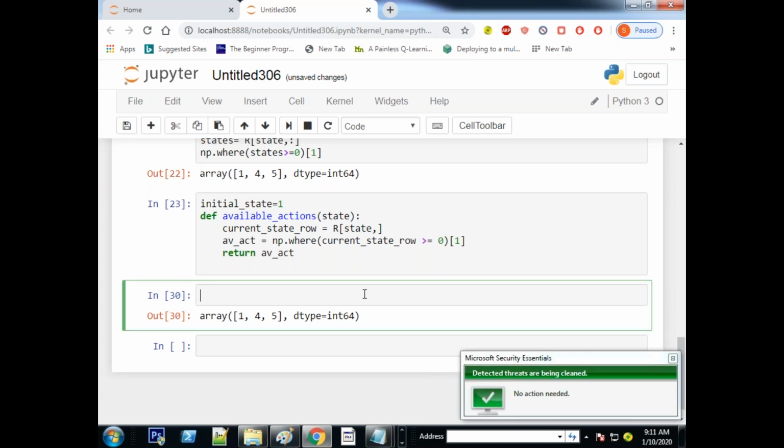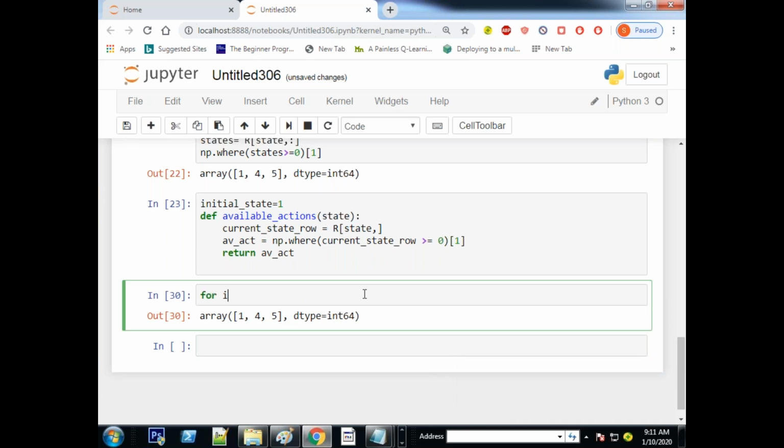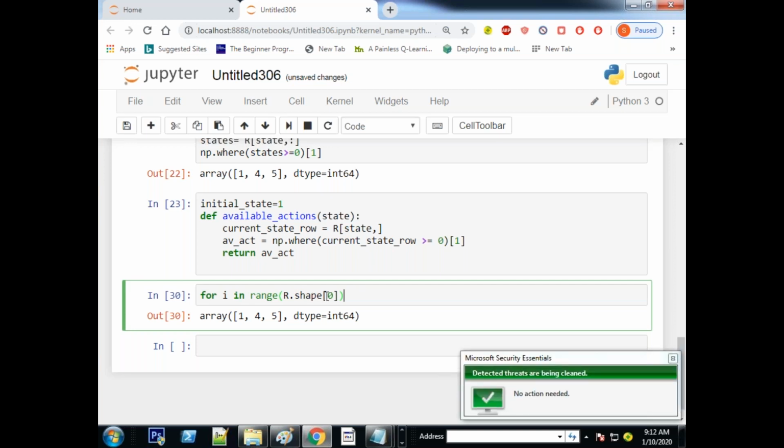How many states we have? For i in range of the shape of 0, that means the number of rows it is taking. What is the number of rows? 6. Range of 6 means 0 to 5. In the first iteration 0, second iteration 1, like that up to number 5.